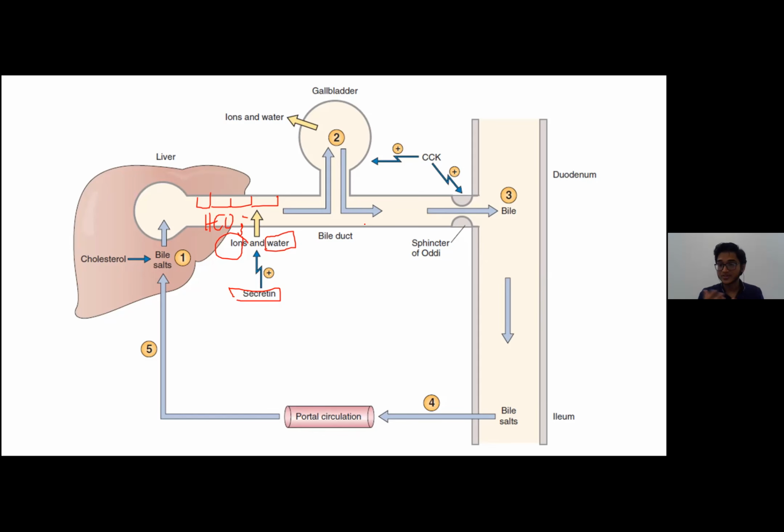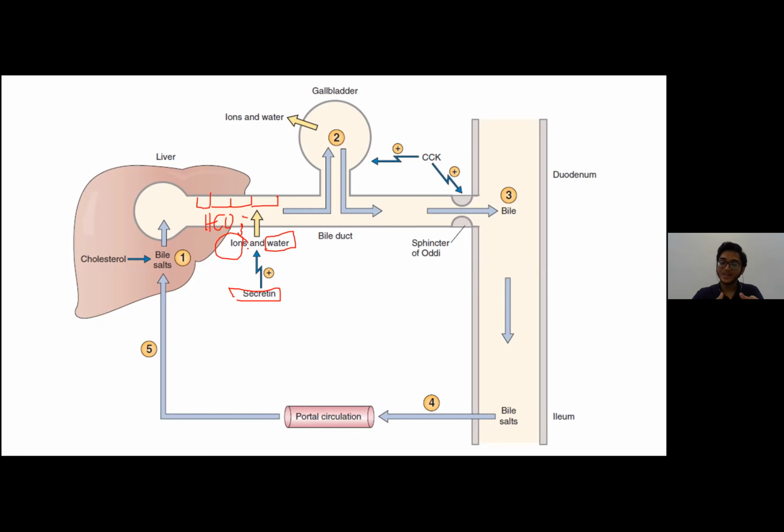You remember your process of homeostasis. This is essentially like homeostasis. Acid comes into the duodenum and stimulates S cells to release secretin. Once secretin has been released, it needs to neutralize the acid. What it does is it stimulates bicarbonate secretion from the bile duct, from cholangiocytes here. And second, it stimulates bicarb secretion from the pancreas as well.